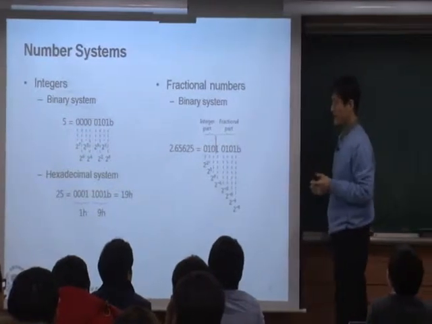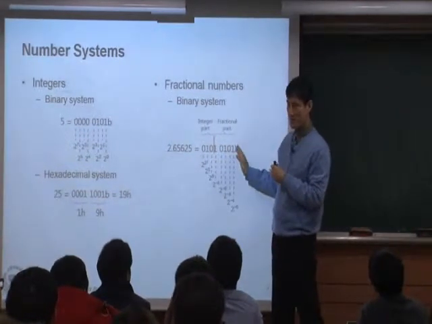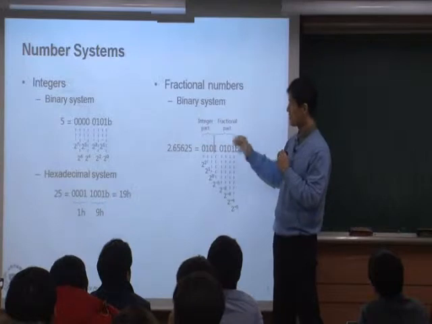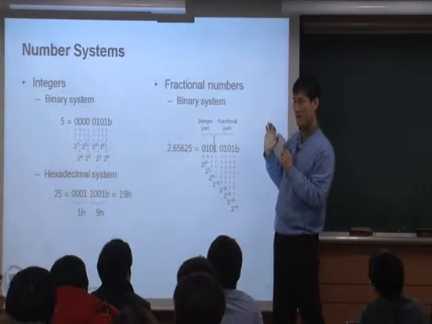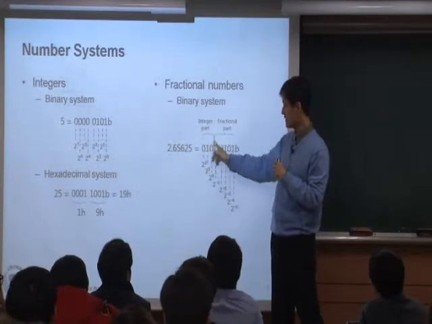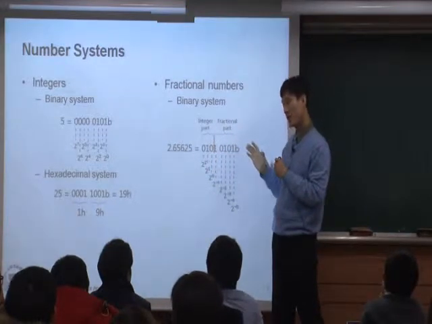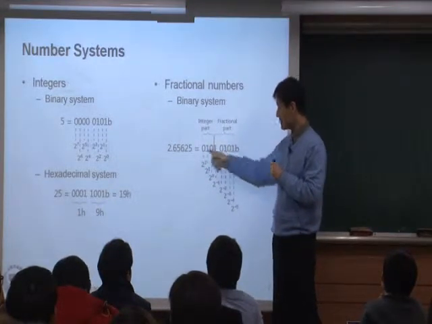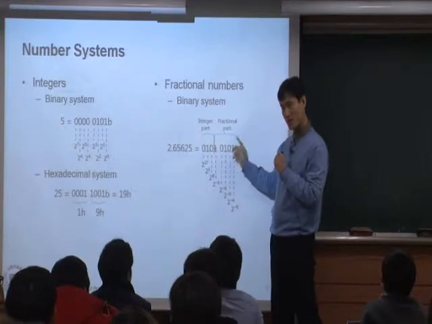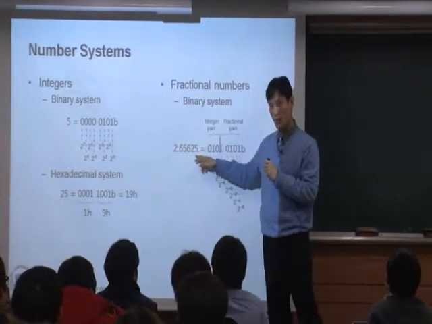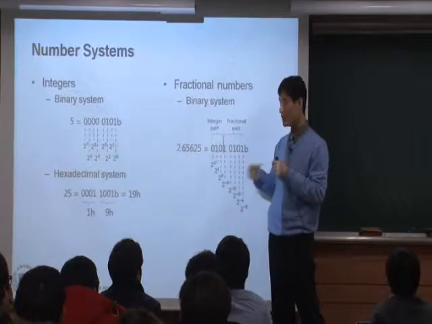However, with the same binary, if we want to read this as a fractional number, and we decide where the boundary between the integer part and the fractional part is, then we can read the same binary number that way. So it's for us to decide how to read it.